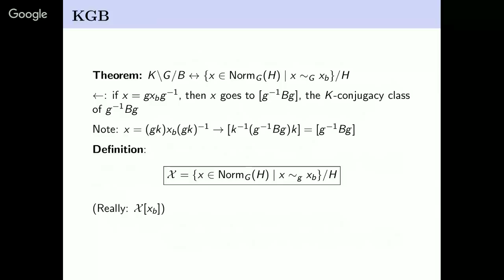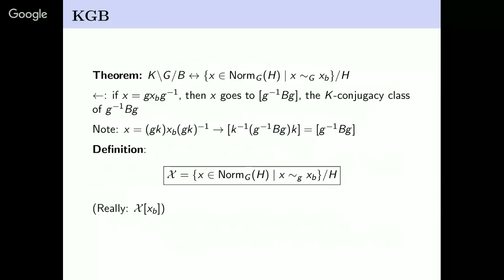There's a bigger space X where you run over all strong real forms, and this is just the one having to do with this fixed strong real form. So it's a slight change in notation, and the connection is given by this statement. But for today, I'm just going to fix this XB and only talk about the subset of elements which are conjugate to that fixed one.